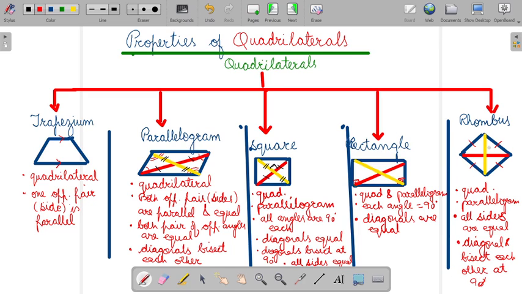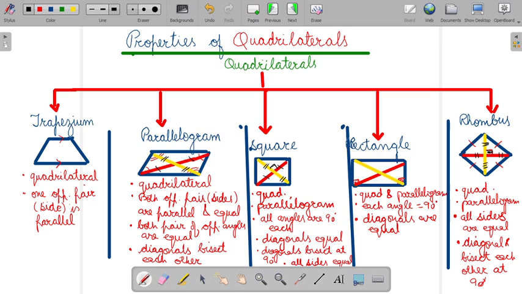So it means that ये diagonal bisect भी होंगे, means equal parts में भी divide हो रहा है, and they bisect at right angle also.